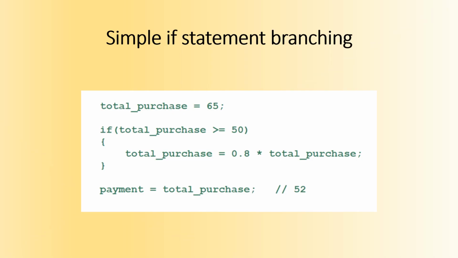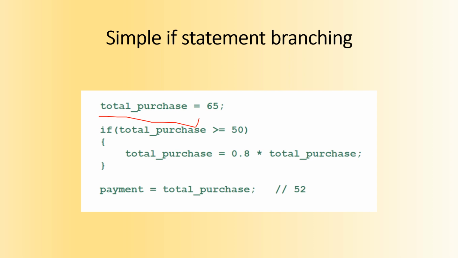Let's say we have a store that gives a discount of 20% if you make a purchase of $50 or more. So here is how you will implement this payment system in a programming language like Java, C or C++, etc. So here we have a variable total purchase, and let's say we made a purchase of $65.